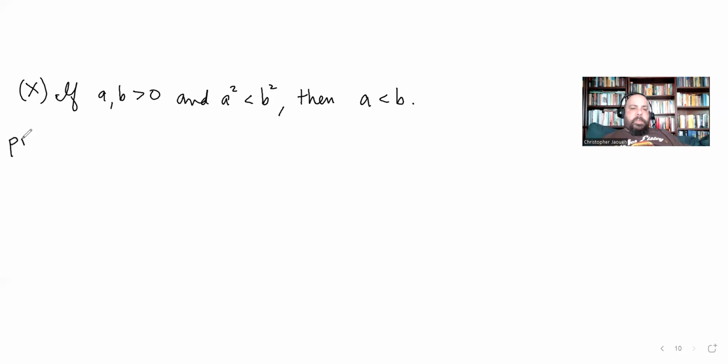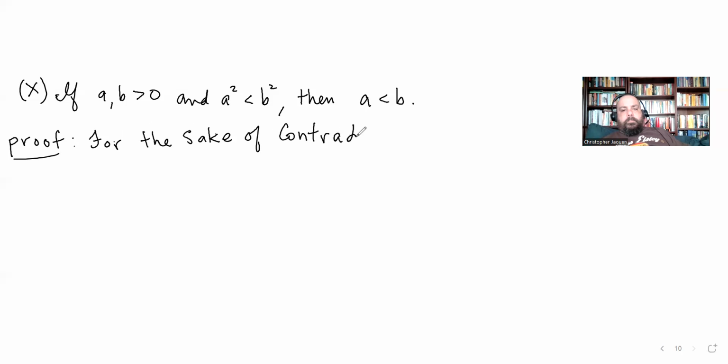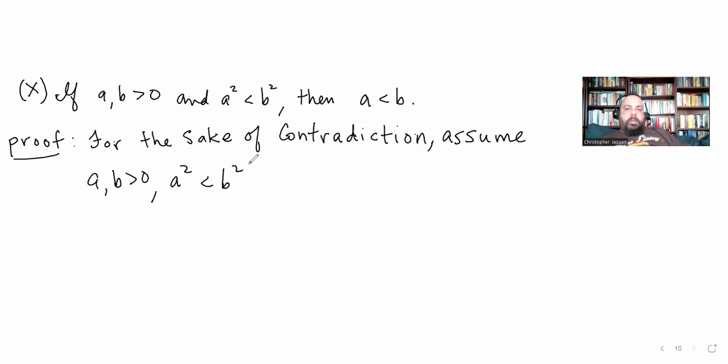Okay. We'll do this one using something called a proof by contradiction. So for the sake of contradiction, assume that A is positive, A squared is less than B squared, and A is greater than or equal to B. Right, so we'll have to do this in cases as well.